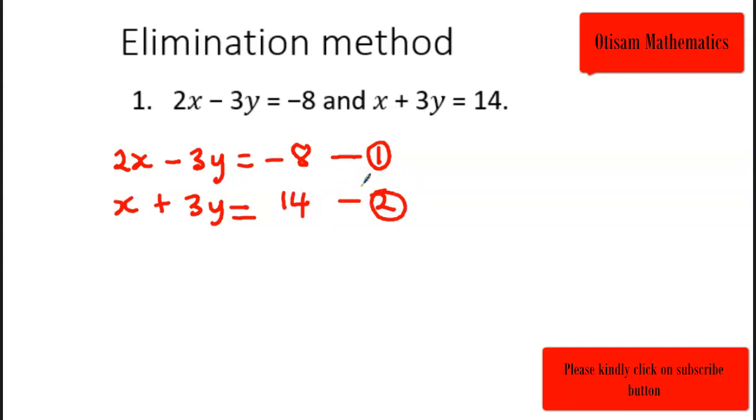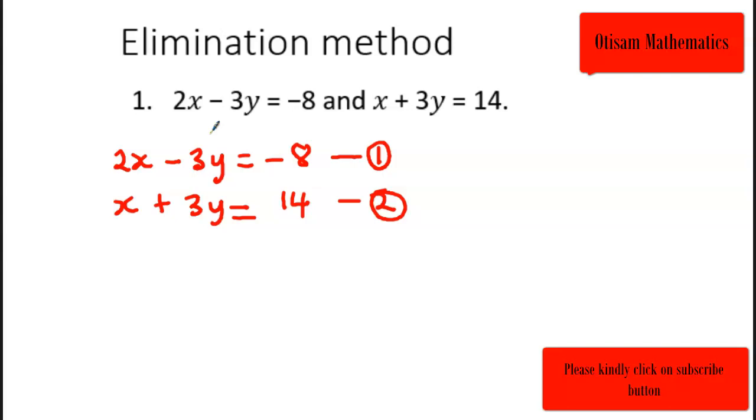Now, as the name implies, elimination method. With this method, we have 2 unknown variables. So what we do is to eliminate one of the unknown variables. Now, when you do this, the 2 equations will be reduced to a single linear equation with 1 unknown variable.